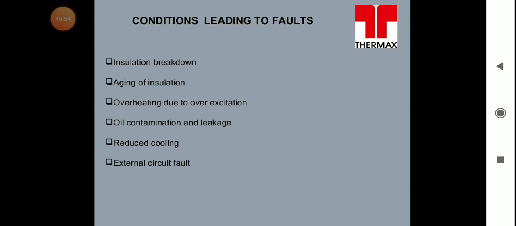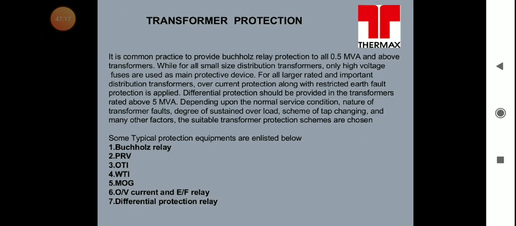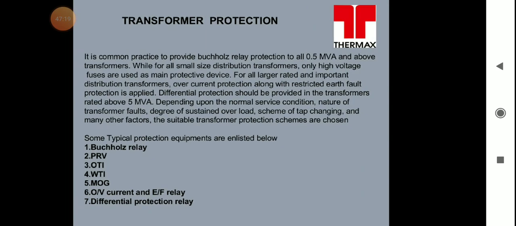These are some major fault causes in the transformer, that is insulation breakdown. If the insulation breaks, that may lead to a fault. Aging of the insulation, the major point is that insulation should not be damaged.